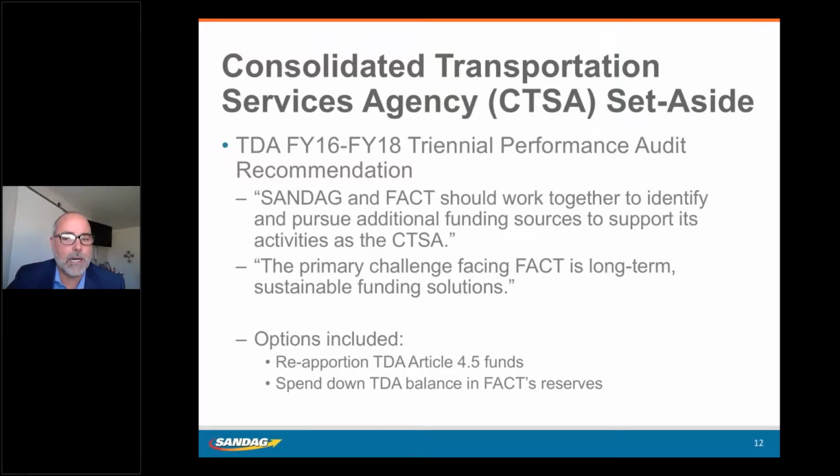A couple of options that the auditors noted in the audit report were that SANDAG could either reapportion some of the TDA Article 4.5 funds or spend down the TDA balance in FACT's reserves. I'll talk about those in the next slide.